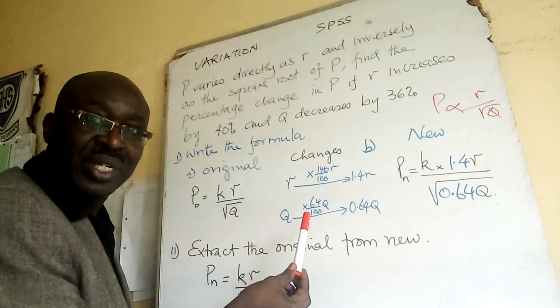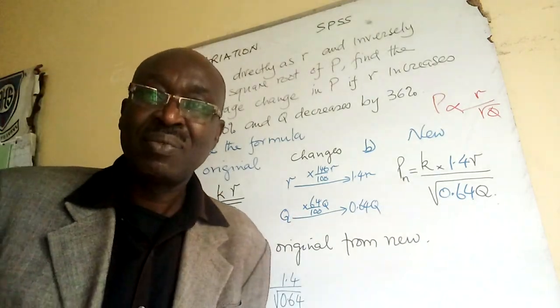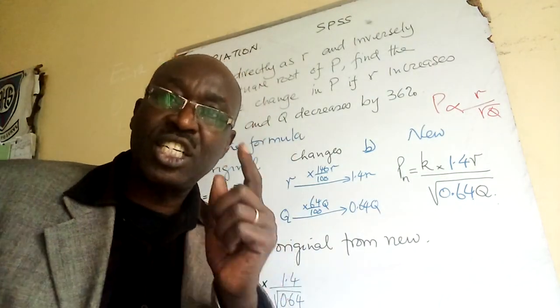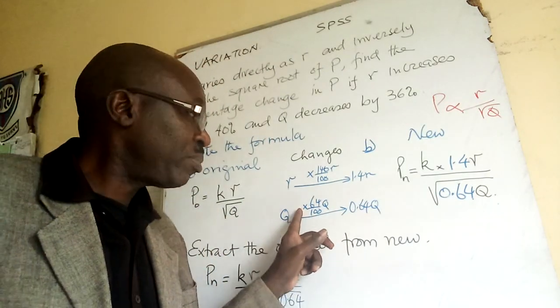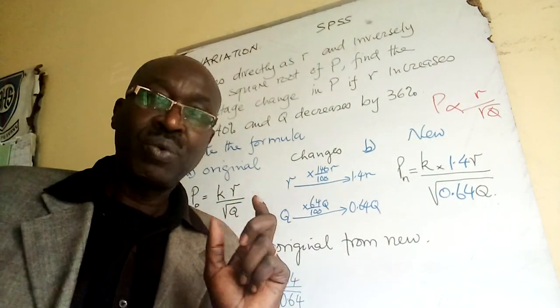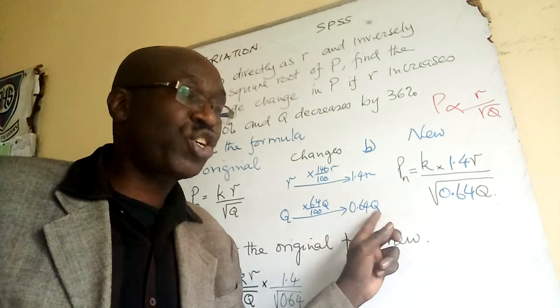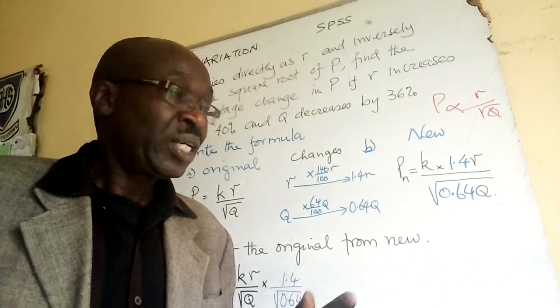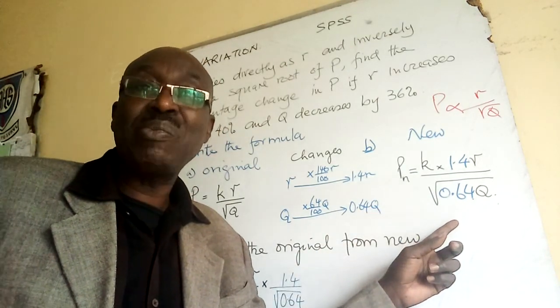Q decreased by 36. 100 minus 36 is 64. So times 64 over 100 Q, you get 0.64 Q. Now, I bring them into the formula.